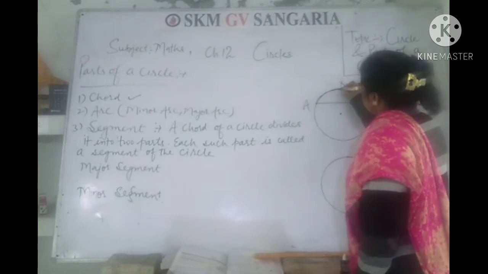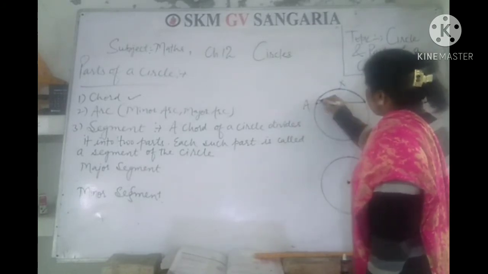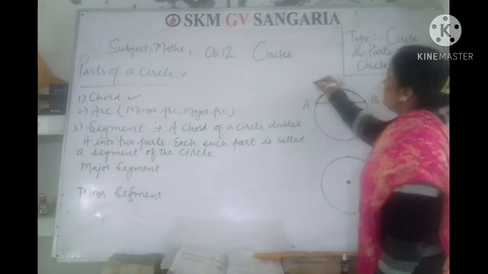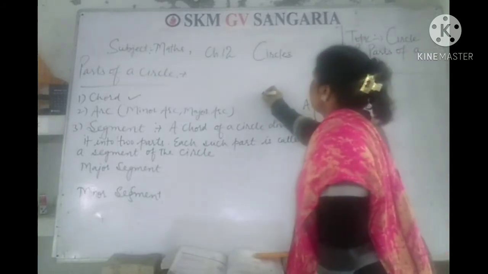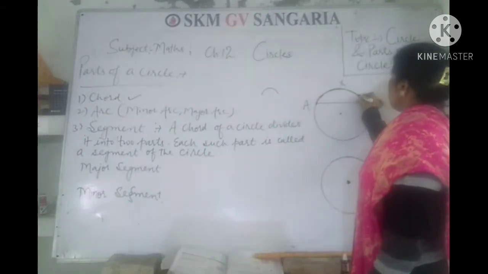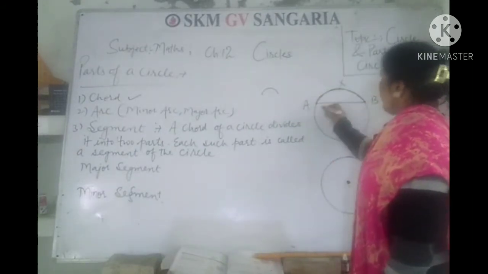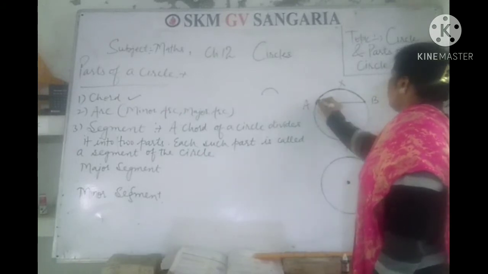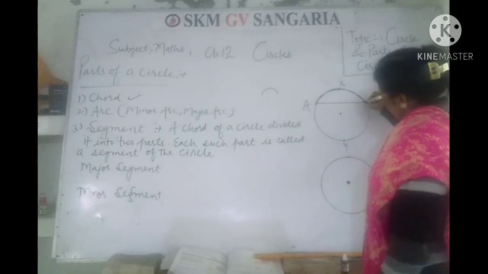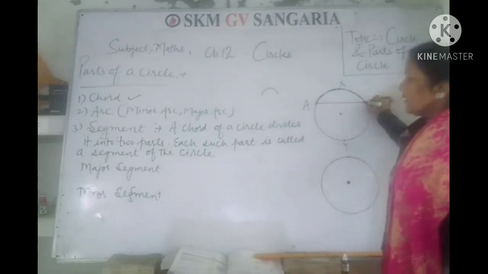You can take X here, and this is the minor arc AXB. The symbol for writing an arc is this one. This AXB is the minor arc and AYB is the major arc.